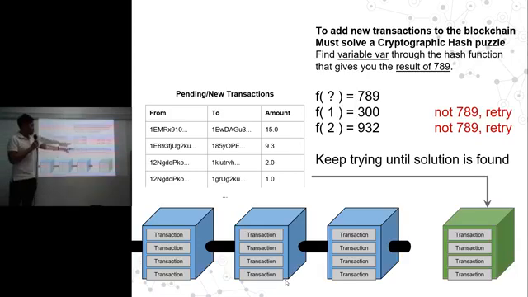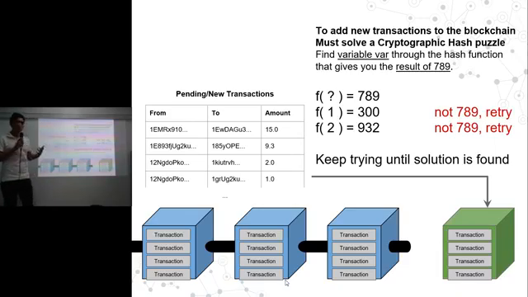Now that we have this blockchain here, when a new transaction comes in, how are we going to include that transaction into the blockchain? In order to do that, the computer needs to solve a cryptographic hash function puzzle. The way that puzzle works is, imagine you have some sort of a mathematical function. You know the answer that you want to achieve, but you don't know what parameter to put in there.